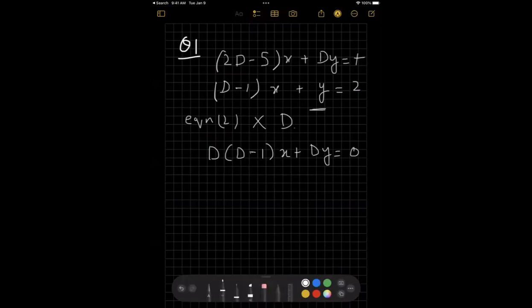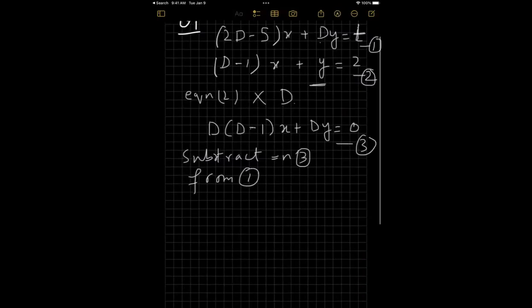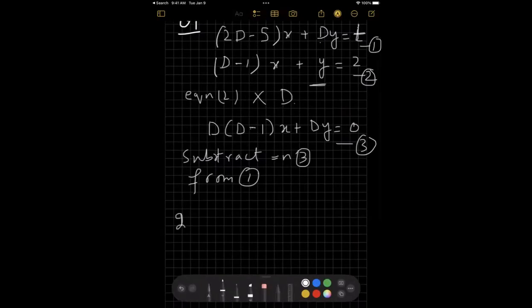Now we will subtract. This is our third equation, this is our second, and this is our first. So subtract equation 3 from 1. We will have (2D minus 5) minus (D squared minus D), times x.